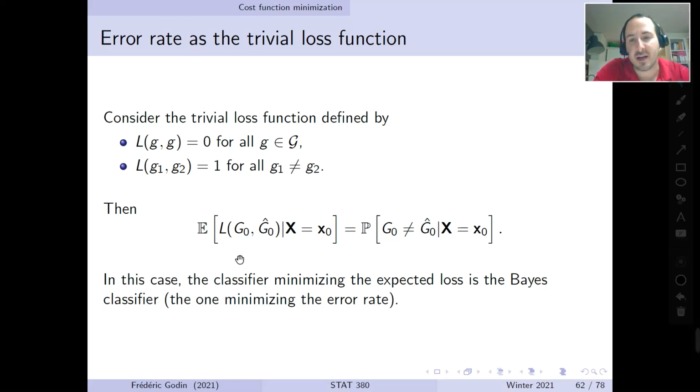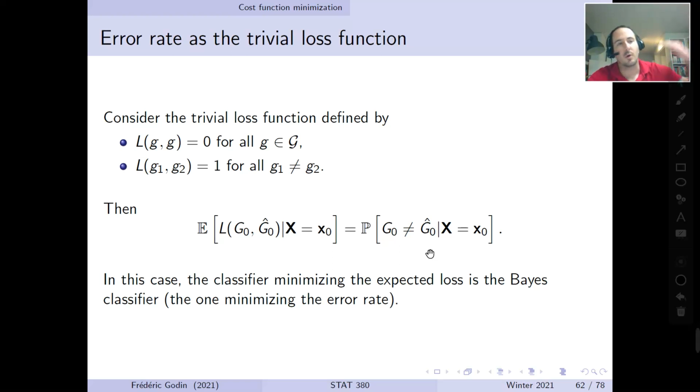Therefore, your expected loss of classification given your predictors, because this loss is 1 if and only if G1 is different than G2, simply becomes the probability that the true class is different than the estimated one.